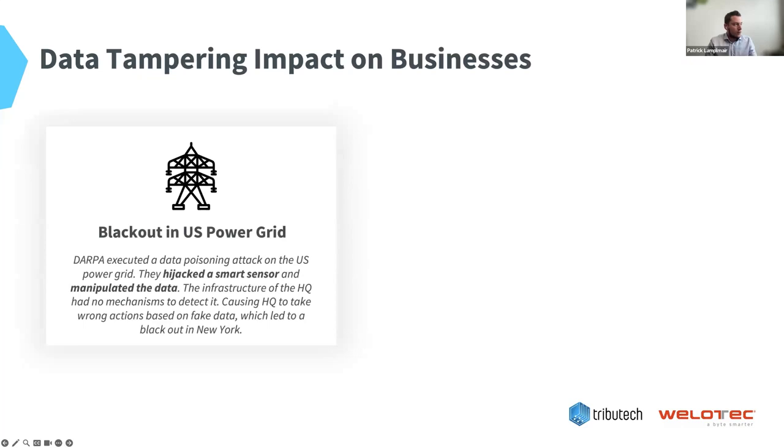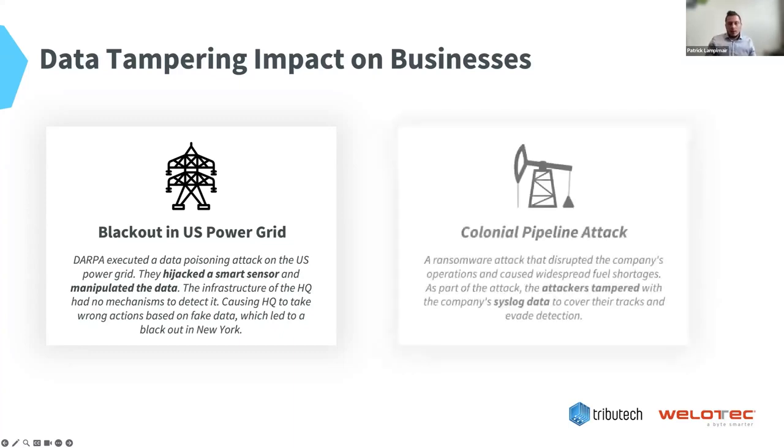One example was a blackout in the US power grid, where they hijacked and manipulated sensor data, and basically simulated energy providers and consumers to unbalance the grid, which then forced a blackout of the system based on this hijacking and data tampering.